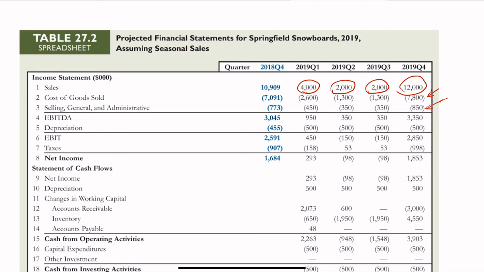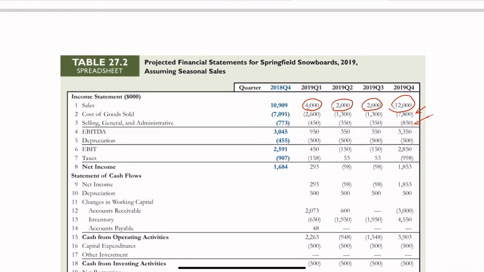I mean, no matter how large your sales number is, you will still pay a similar amount of sales, general and administrative costs, right? So this will create large variations in the firm's net income. So in Q4, net income is close to 2,000. And then in Q2 and Q3, we get some number close to minus 100.